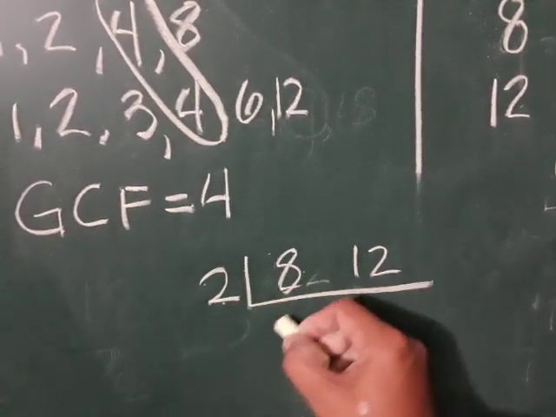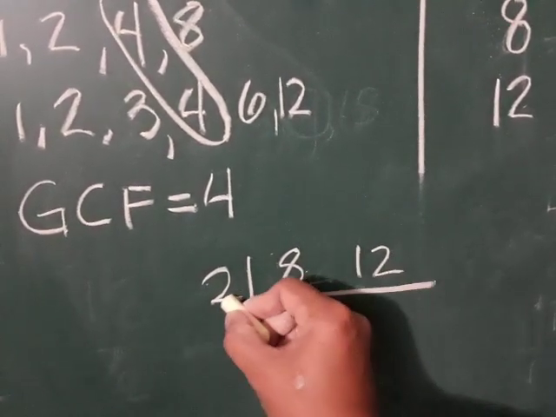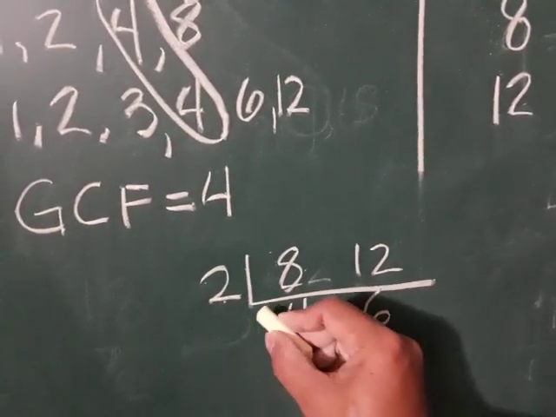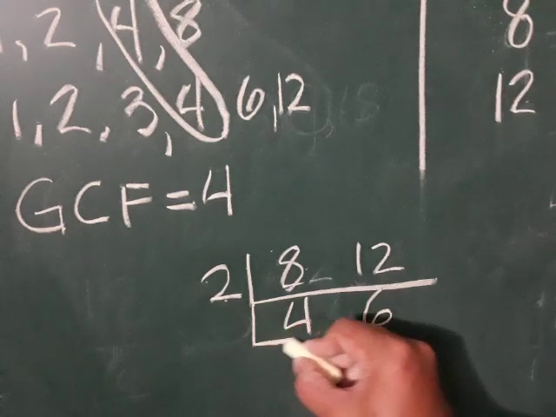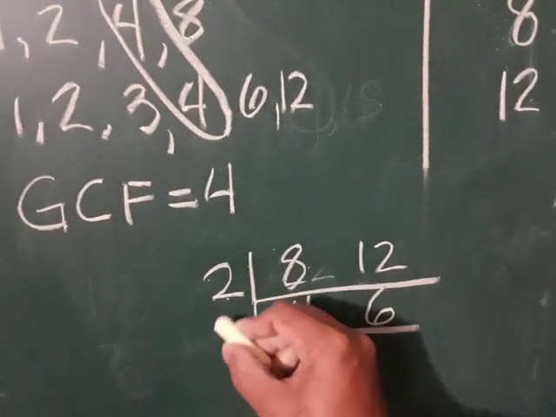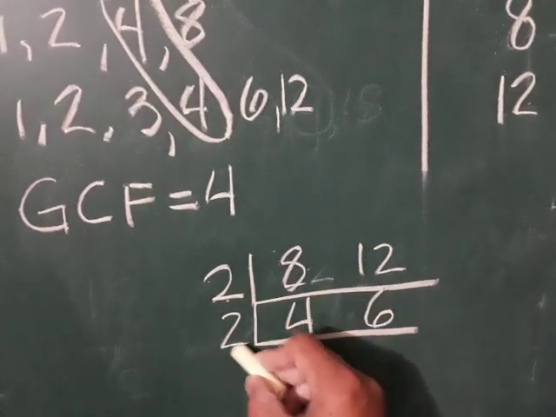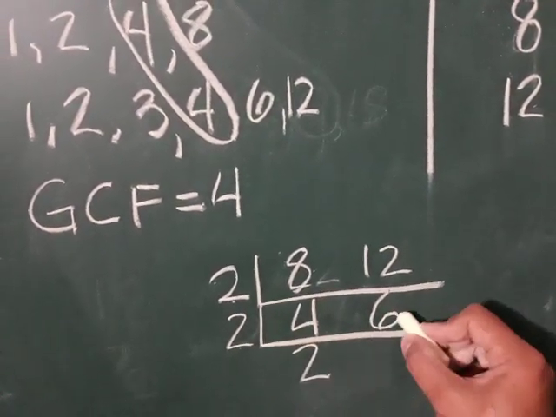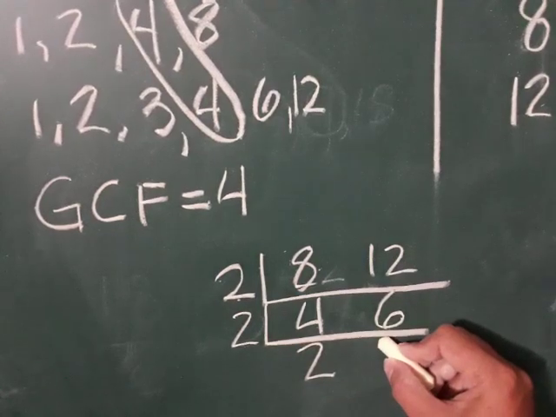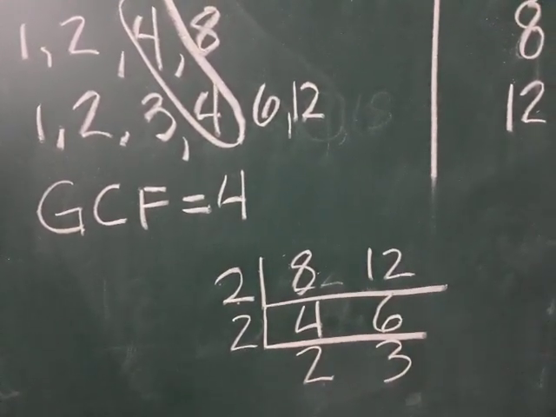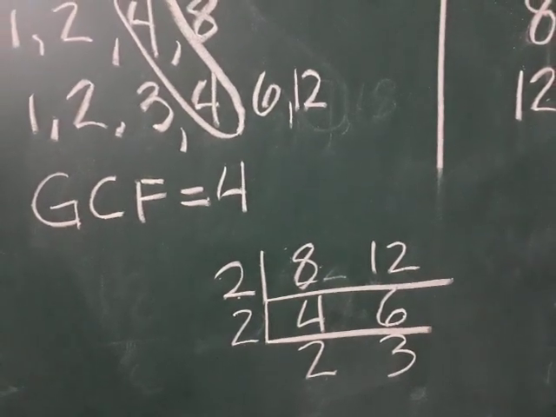So 8 divided by 2 is 4. 12 divided by 2 is 6. They are still divisible by 2, which is the lowest prime number. Okay, 4 divided by 2 is equal to 2. 6 divided by 2 is equal to 3. Okay, 2 and 3, they don't have any common factor anymore.